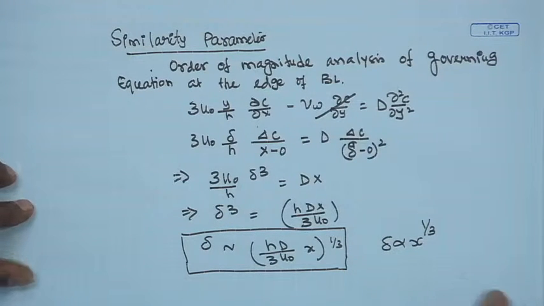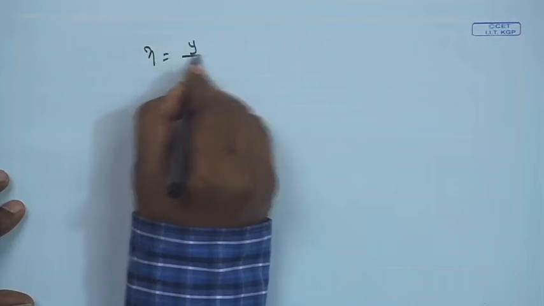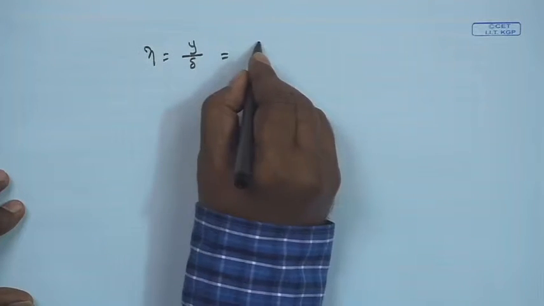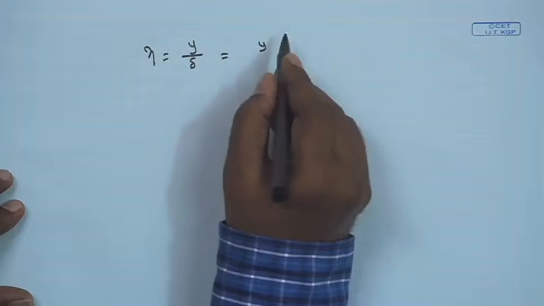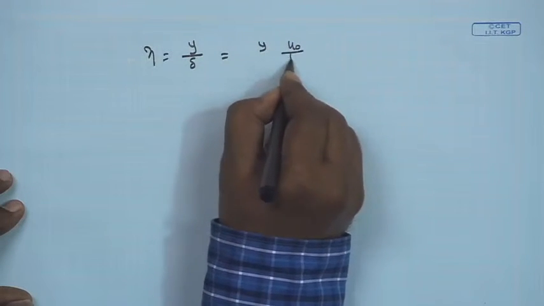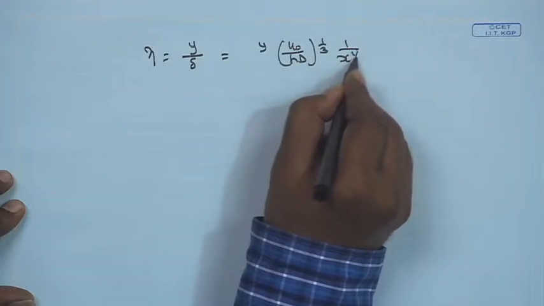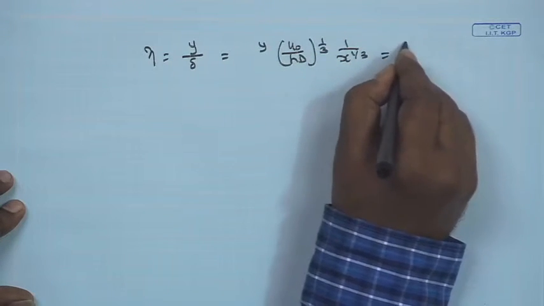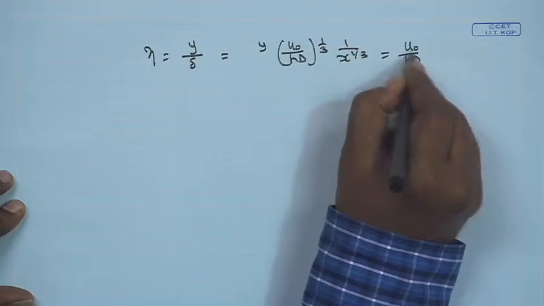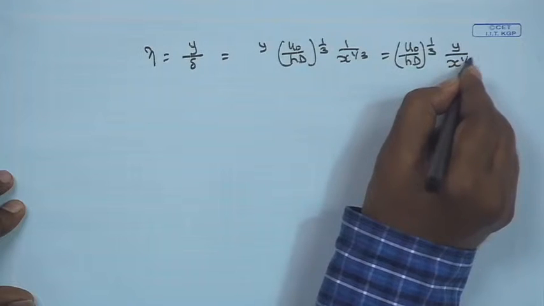So, we will be able to now derive the similarity parameter, and the similarity parameter is, we defined eta is equal to y by delta. So, y and delta we will write as u 0 over h d raised to the power 1 upon 3, 1 over x to the power 1 upon 3. So, this will be nothing but u 0 over h d raised to the power 1 upon 3, y divided by x to the power 1 upon 3.